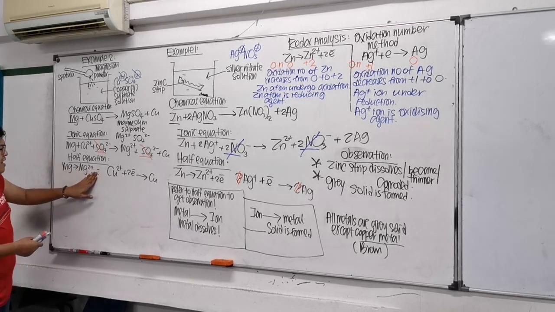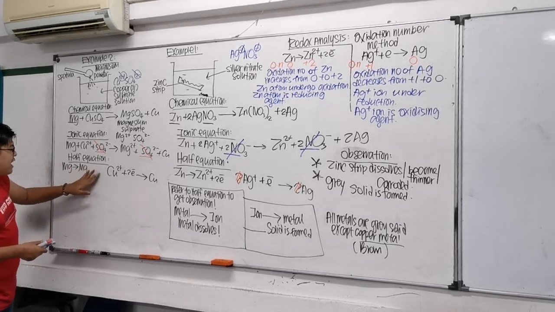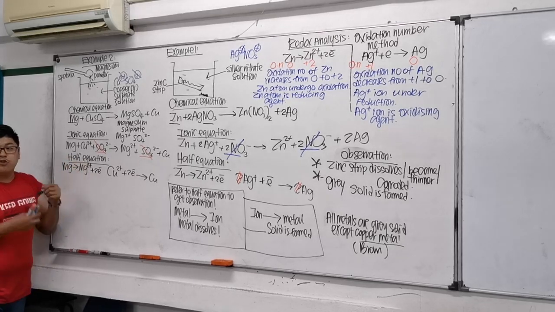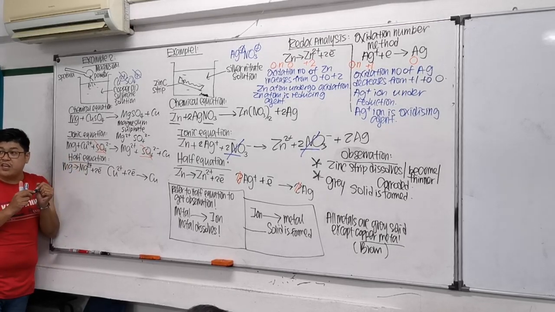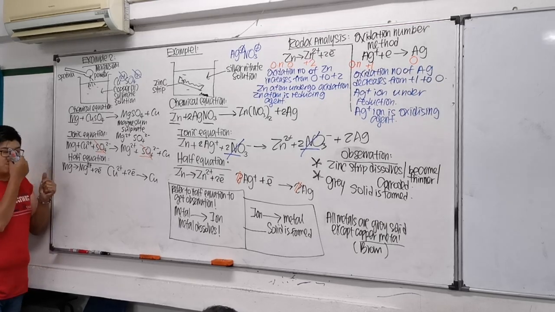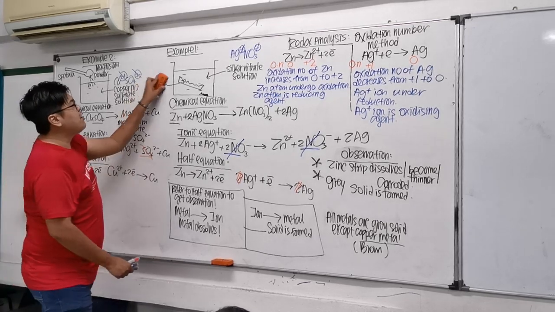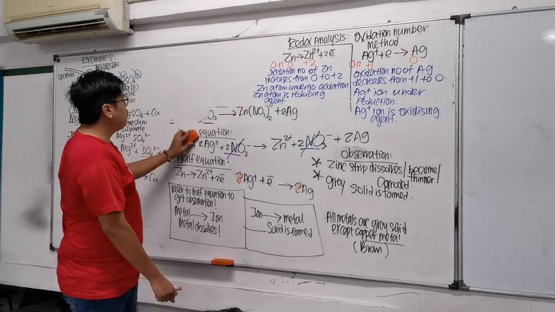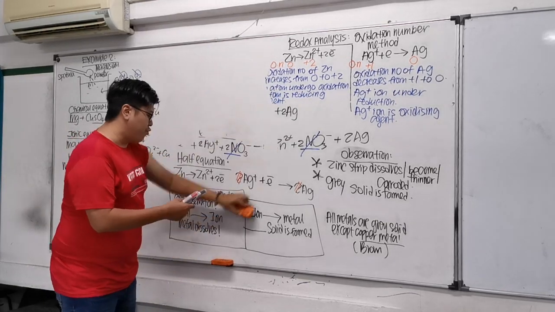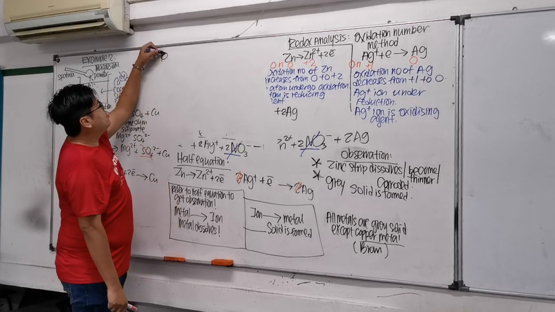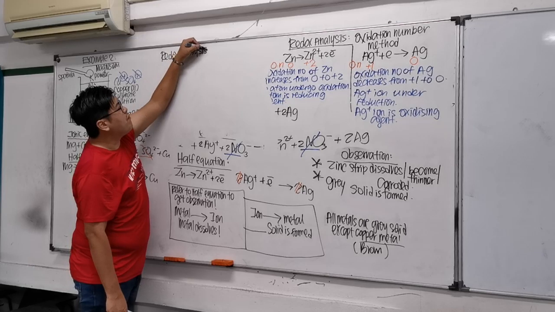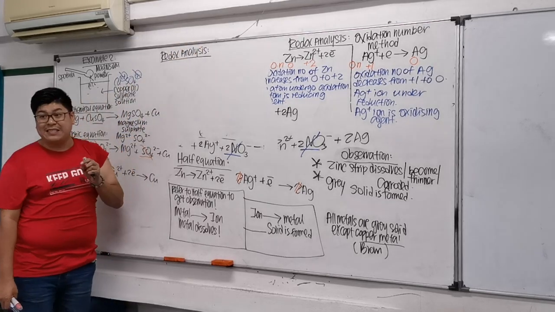And as I said, in this chapter, once you get the half equation, you can be the king. You can use the half equation to do all the important thinking. Understand? Okay, now let's use our half equation to do redox analysis. Remember guys, for those who don't understand what redox analysis is, you can refer back to the past 2 to 3 lessons.